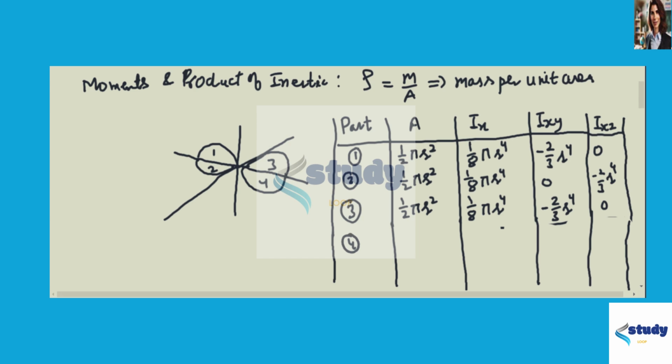Fourth, half pi r square, 1 by 8th pi r to the power 4, minus 2 by 3 r to the power 4.